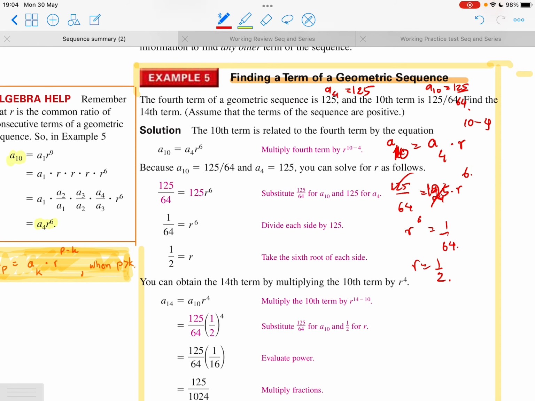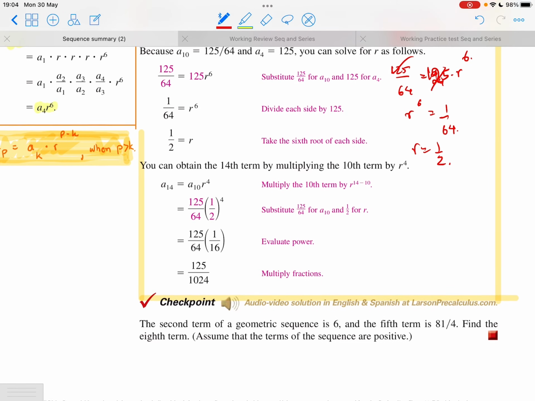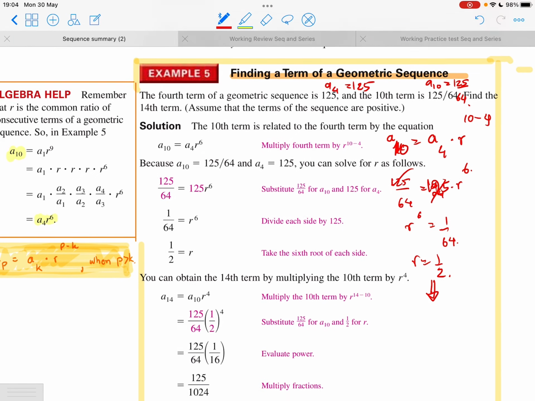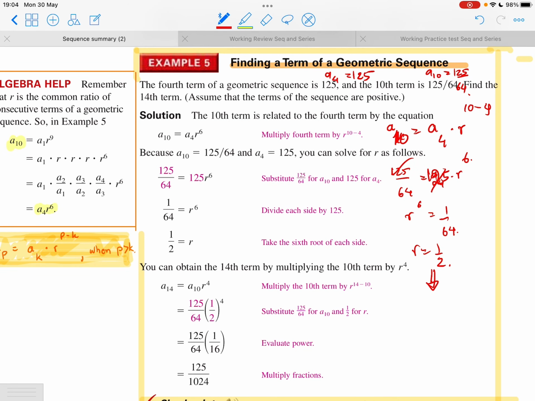So then we don't need to work all the way to the first term, but now it's just asking to find the 14th term, which we can start from the 10th term, or we can start from the 4th term, right? In this case, we'll start from the 10th term.